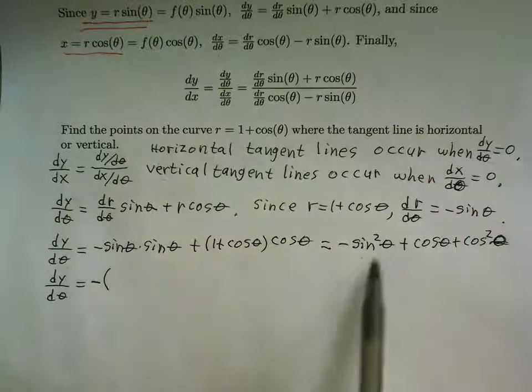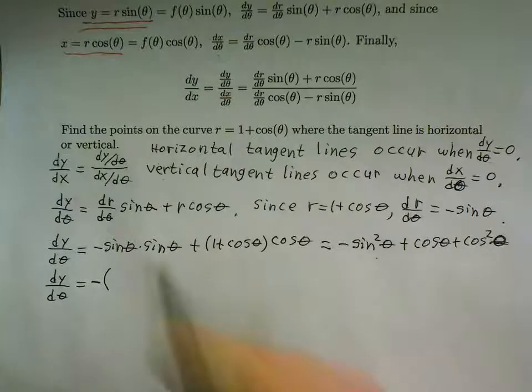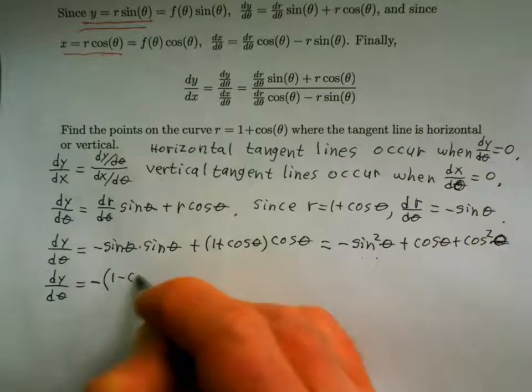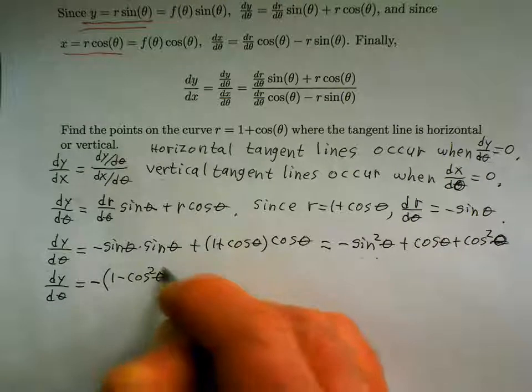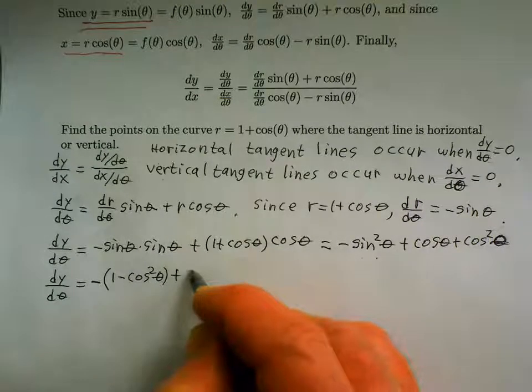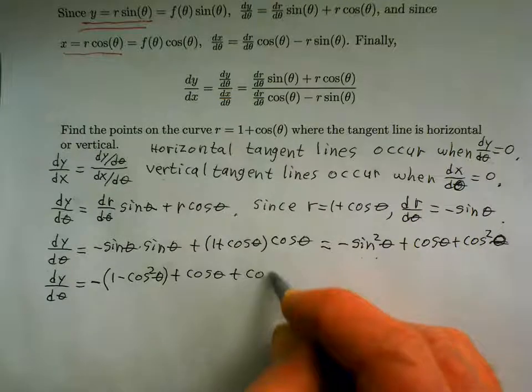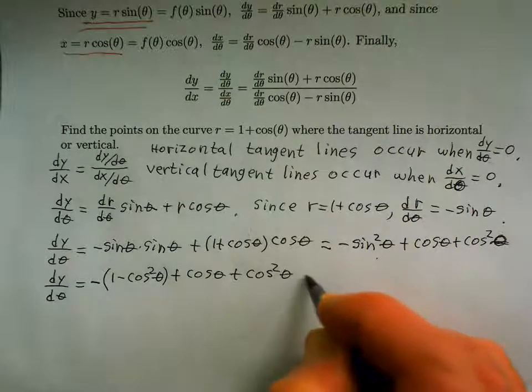So sine of theta squared is 1 minus cosine of theta squared. So we have the negative of 1 minus cosine of theta squared plus cosine of theta plus cosine of theta squared.